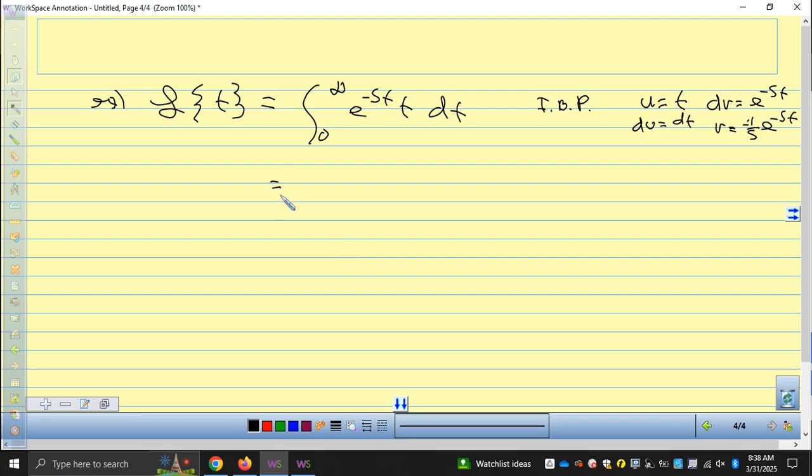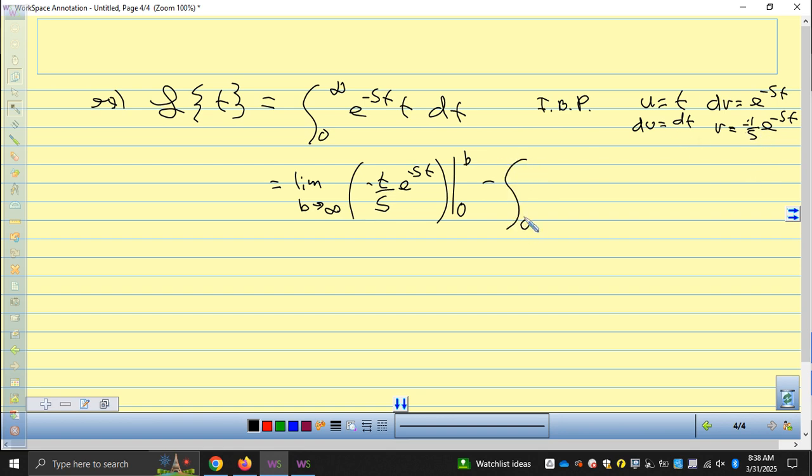So this equals the limit as b approaches infinity of u times v. That's minus t over s e to the minus st, evaluated from 0 to b, minus the integral of v du.